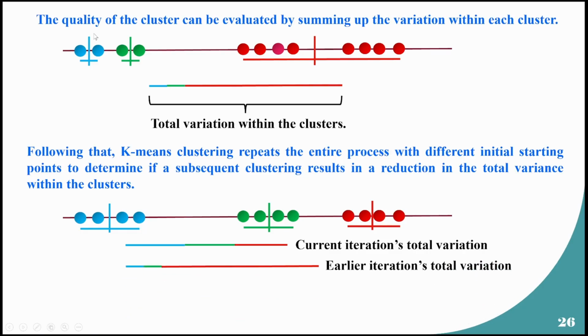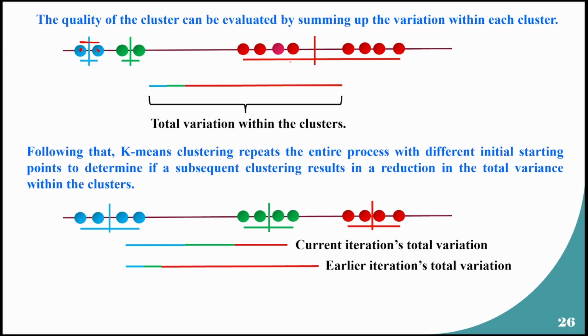For example, if you calculate the distance from this data point to the cluster representative, you will get this distance, right? Then from this data point you will get this distance, and so on and so forth.